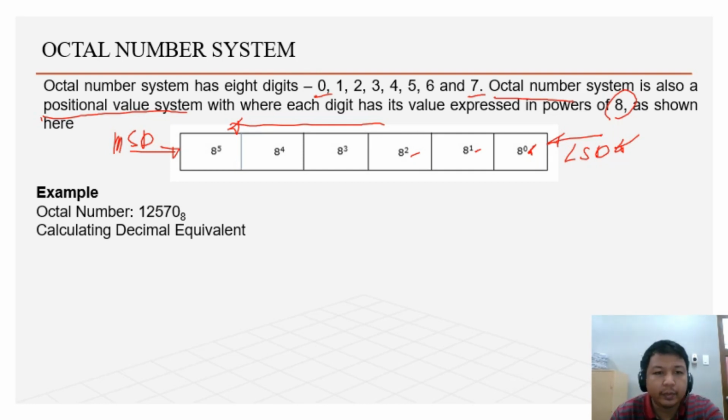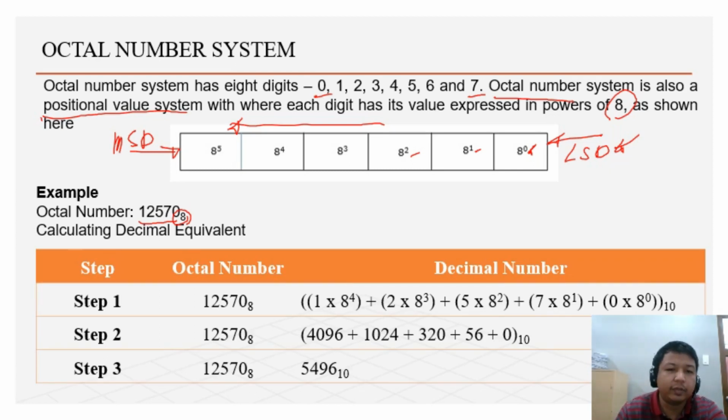So we have the following step. So in our example, we have 12570 base 8 into equivalent base 10. So we have here our step. So the rule here is we are just going to multiply each digit by its equivalent power of 8.